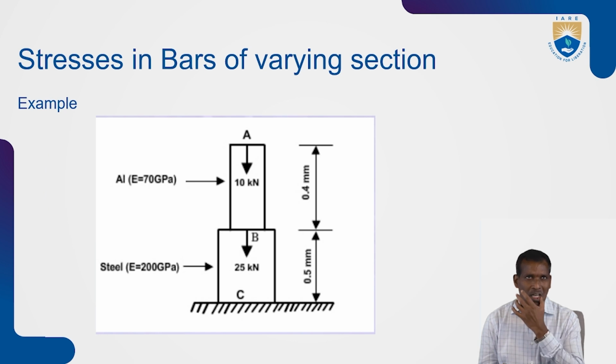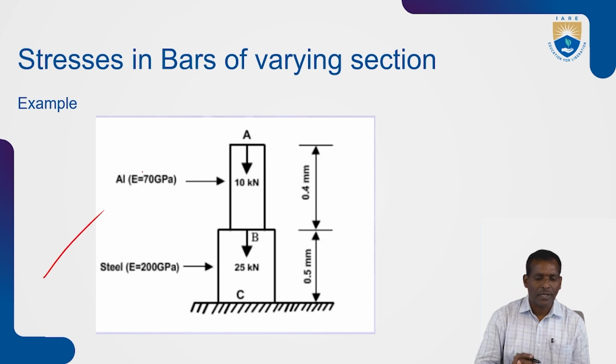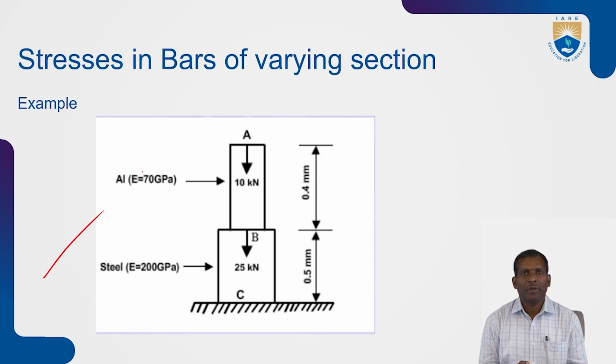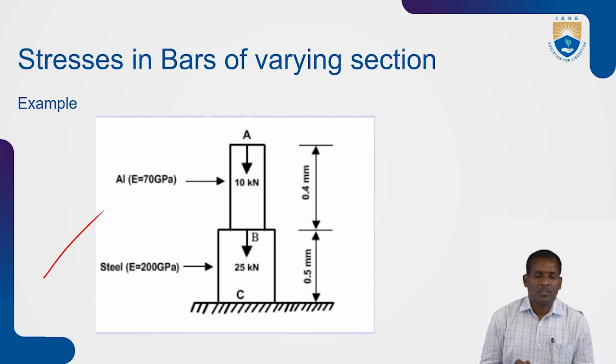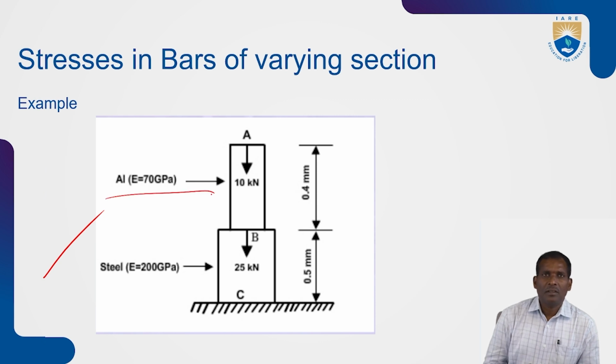So the example shown in this figure has a variable cross section, with two bars, two components of different materials: aluminum, having modulus of elasticity 70 gigapascal, and steel, with modulus of elasticity 200 gigapascal.